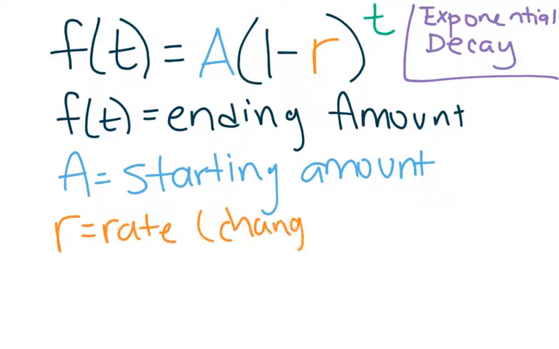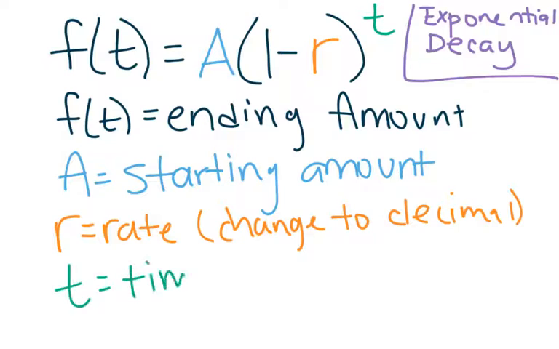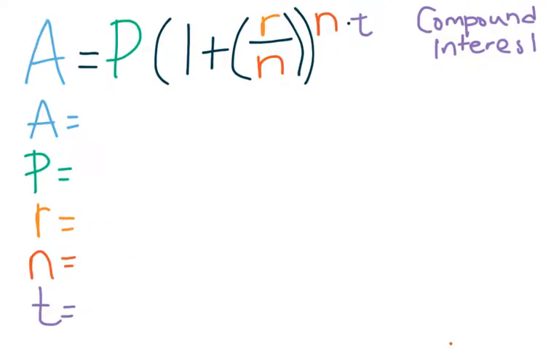And then T still represents time. So that is exponential decay. If something is depreciating in value, if it's decreasing in value, if it's dying off, just pay attention to the words.